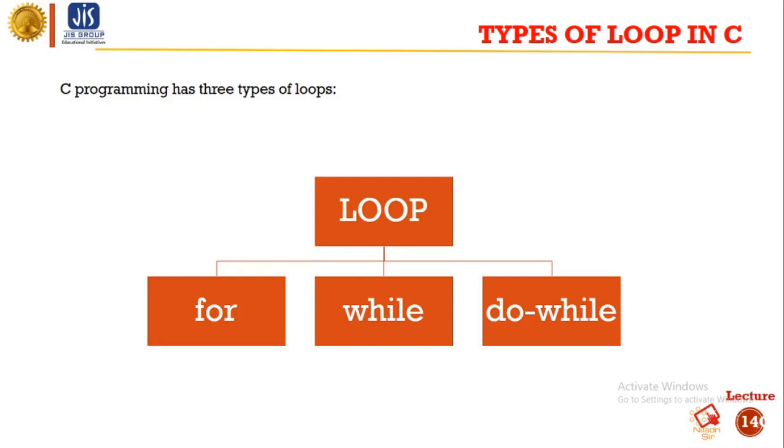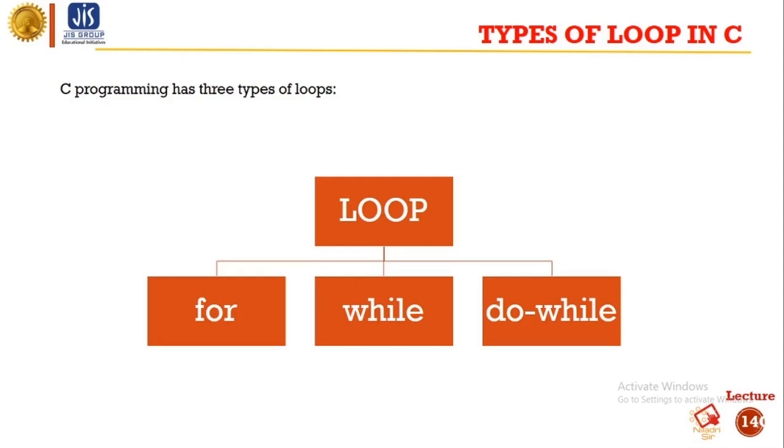The control conditions must be well defined and specified, otherwise the loop will execute an infinite number of times. A loop that does not stop executing and processes the statements endlessly is called an infinite loop.